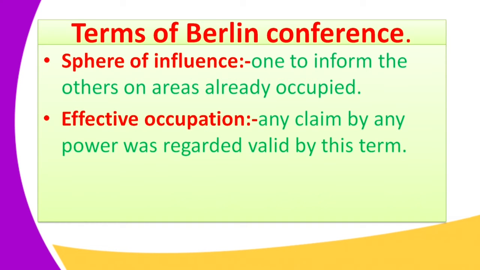And for the effective occupation of African territories, a European power that had laid claim on African territories was required to inform others, so that the claim could be ratified, or rather made valid.